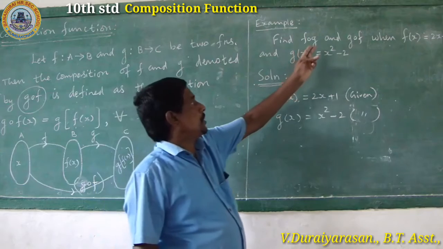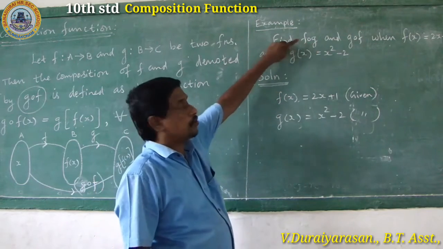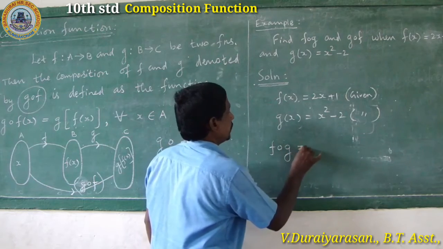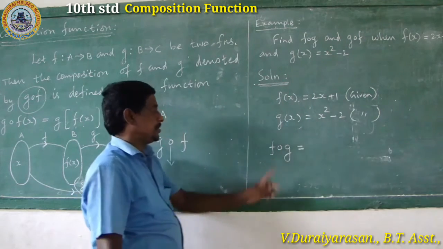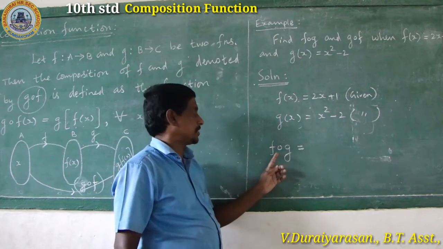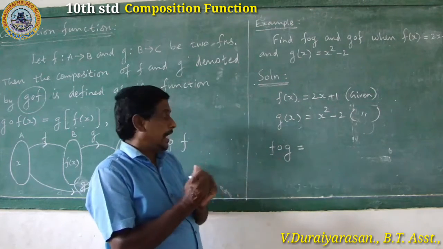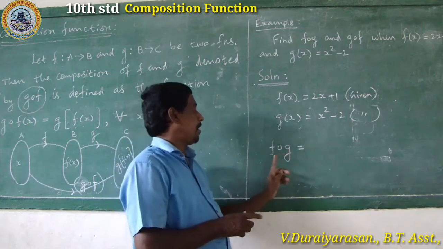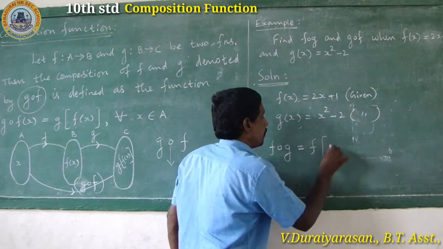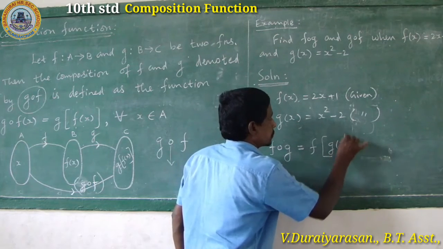There are two questions. The first question is f composite g. The other form of f composite g is f of g of x.